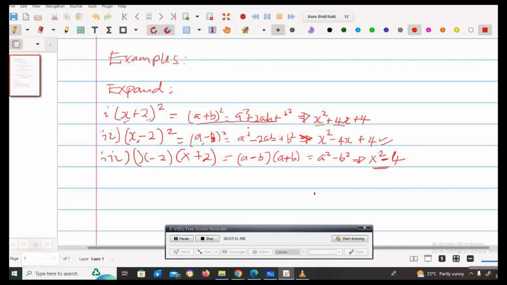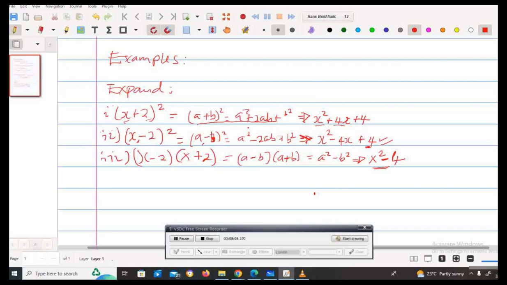Minus 2 is our b, so we get minus 2 times x, that is minus 2x, and then we double that product to get minus 4x. Then we square the minus 2, which is our b, and it gives us 4. That is how x minus 2 squared expands into x squared minus 4x plus 4 by the quadratic identity method.